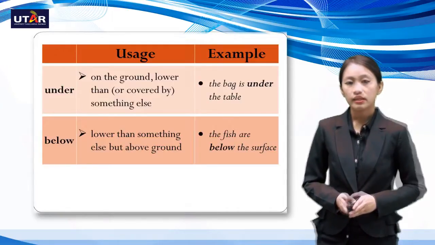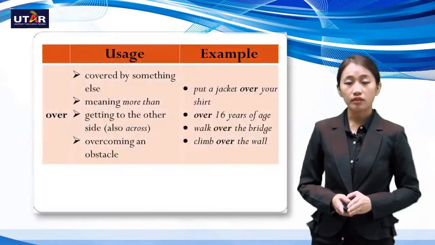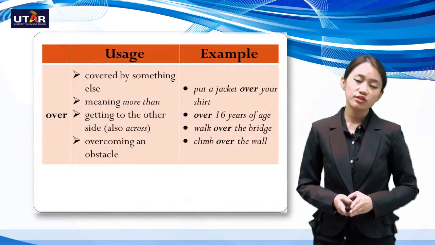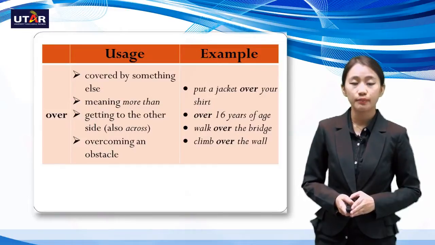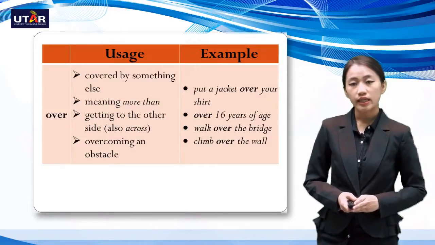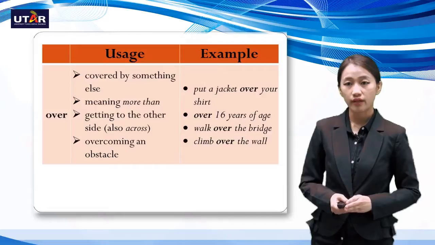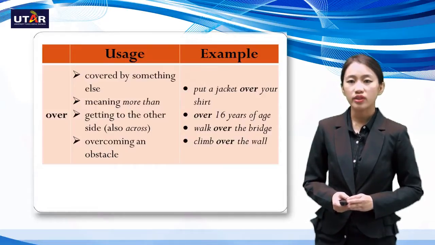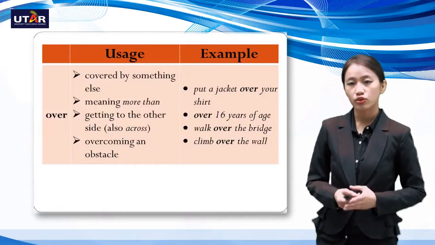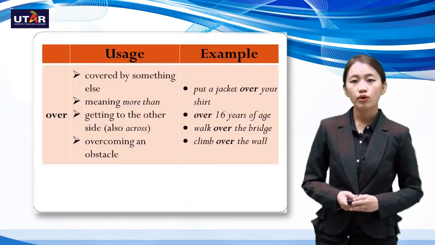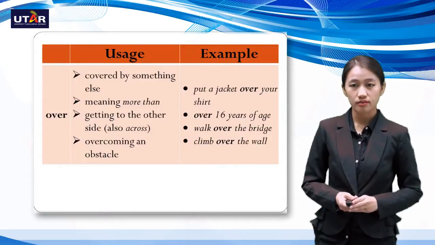Next preposition would be over. So the usage for over would be covered by something else. It can also mean more than, getting to the other side, also known as across, or overcoming an obstacle.